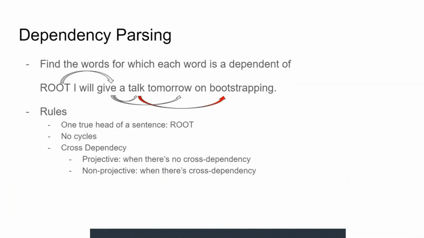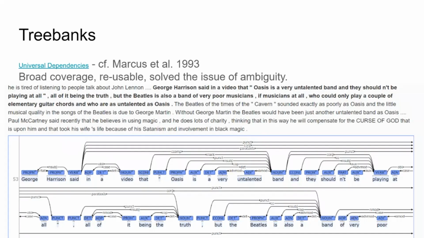For now, we're just going to treat this as a special case. We still allow it to exist, but at least for this lecture, we're not going to consider situations like this. All the sentences we're going to try to parse will look more like whatever we see here, so they will not be crossing.